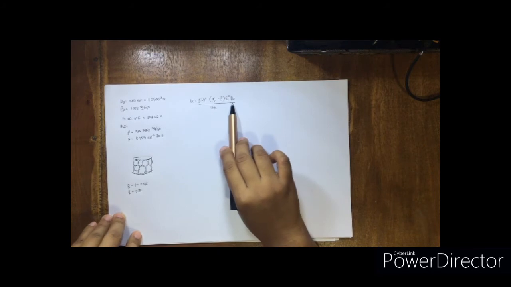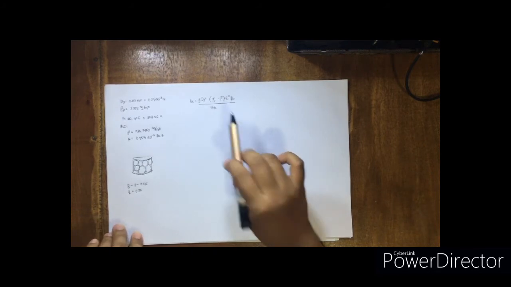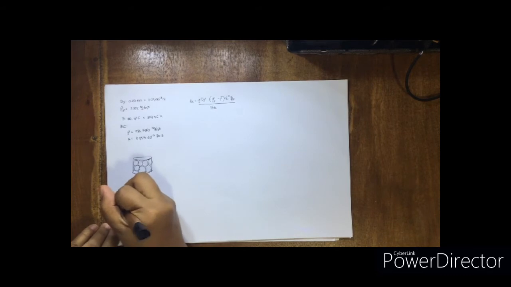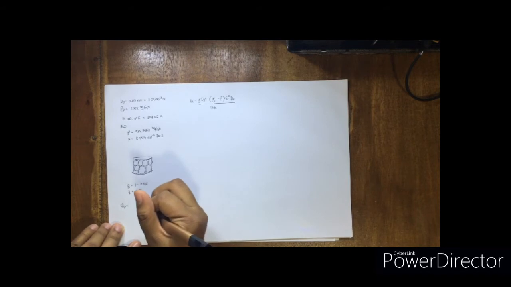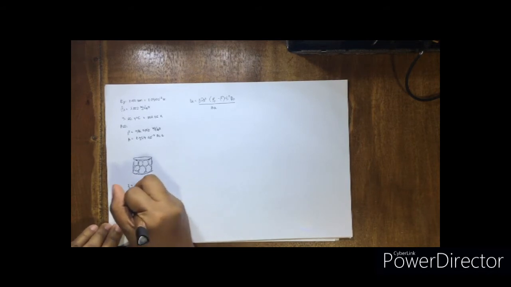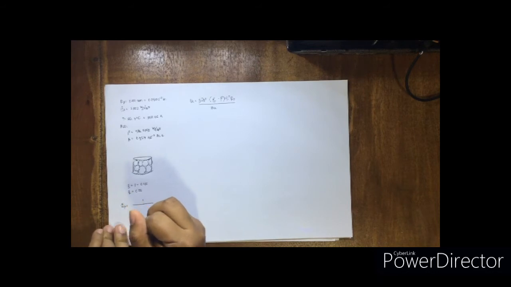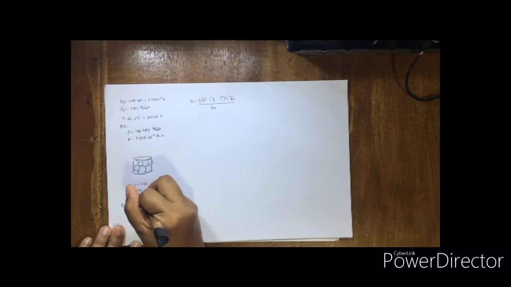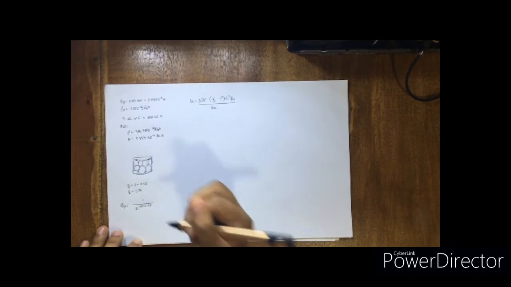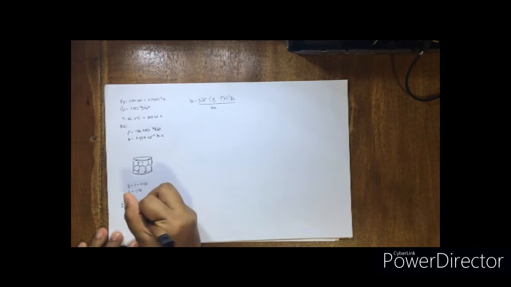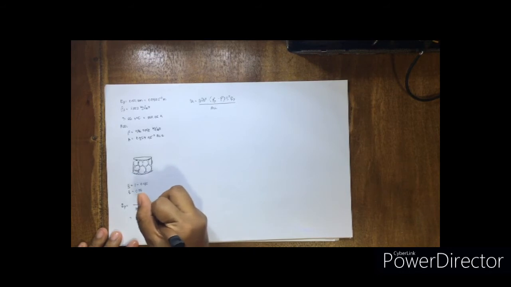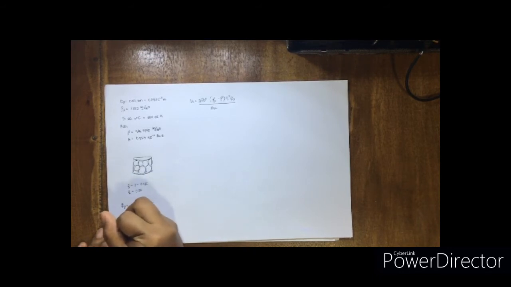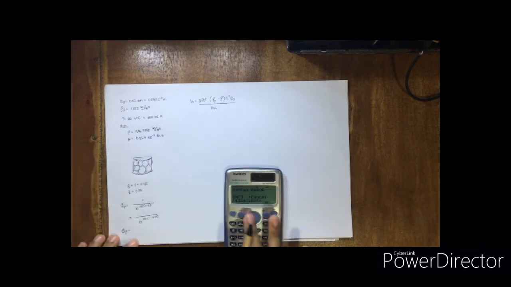Next, we have also the empirical correction factor. So as stated in the lecture, we have the formula in getting the empirical correction factor, 1 over... Let's compute.